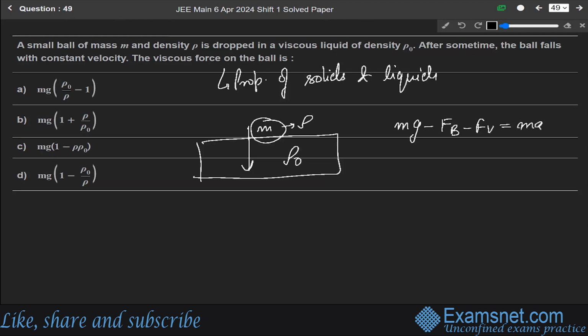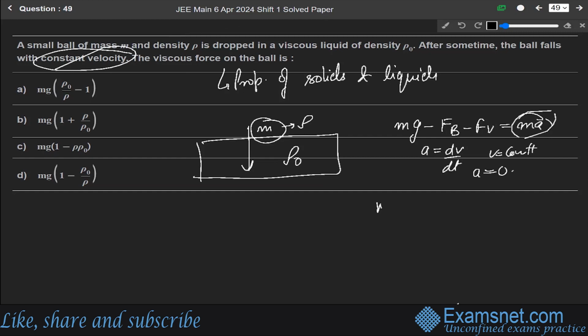Since it is moving with a constant velocity, we know that acceleration equals del v over del t. Since v is constant, a will be equal to 0. Since a is 0, this part will become 0.